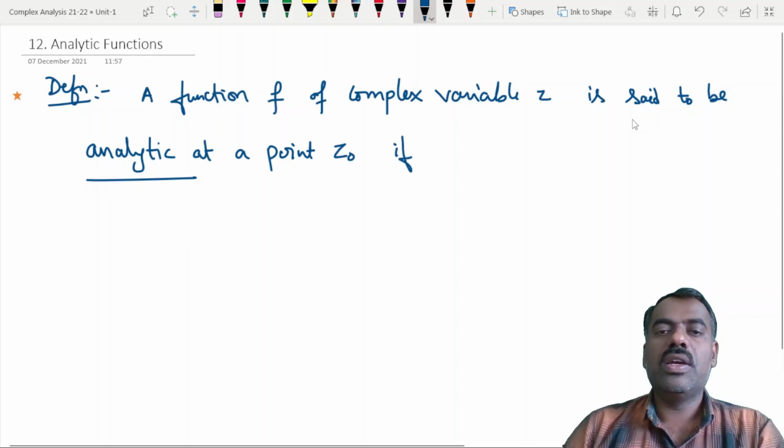if there exists some neighborhood of z naught in which f is differentiable everywhere throughout that neighborhood.